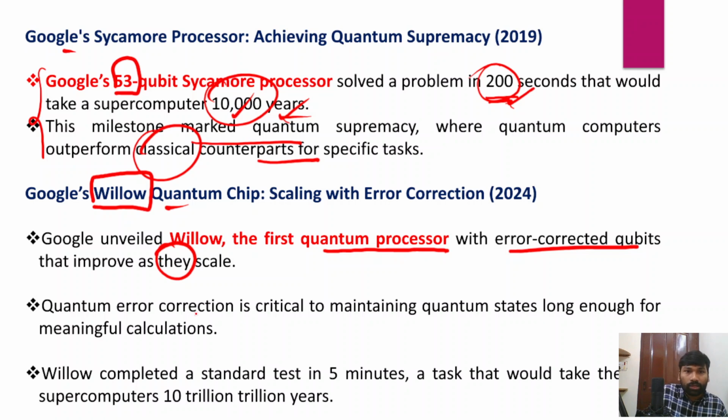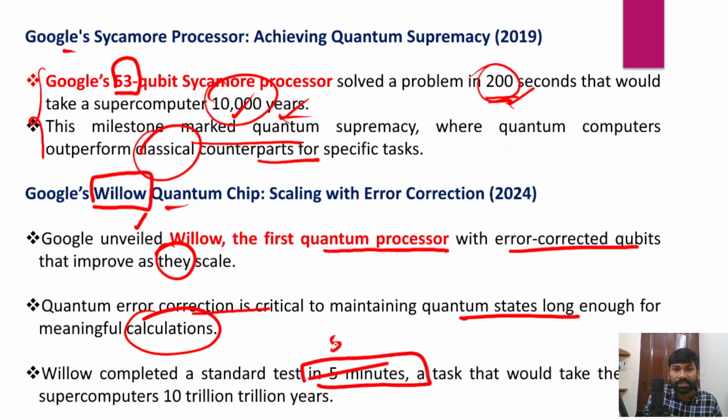In fact, quantum error correction in the Willow chip maintains quantum states long enough for meaningful calculations. Willow has actually completed a standard test in just 5 minutes, and in fact, this is a task that a supercomputer would take around 10 trillion years to complete, right?